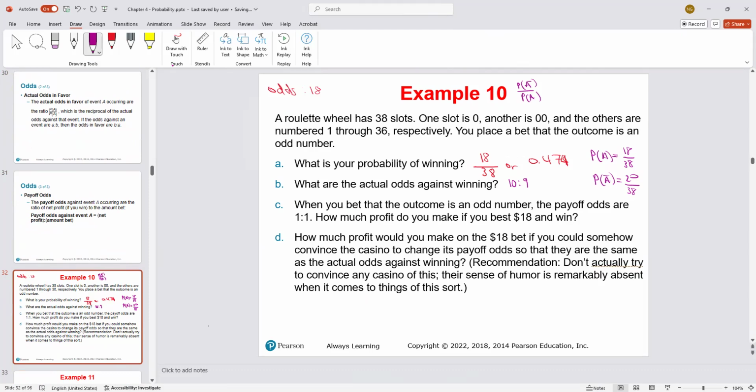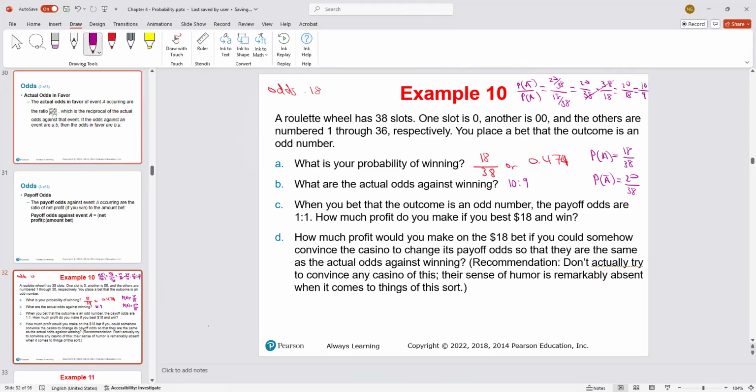You have 20 over 38 over 18 over 38. So you have a fraction on the top, multiply by the reciprocal of the second fraction. You cancel the 38. You have 20 over 18. Simplify by 2, both sides. So if you divide both numerator and denominator by 2, it gives you 10 over 9.